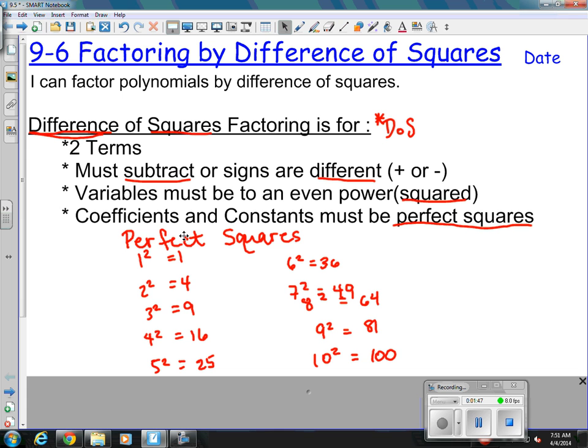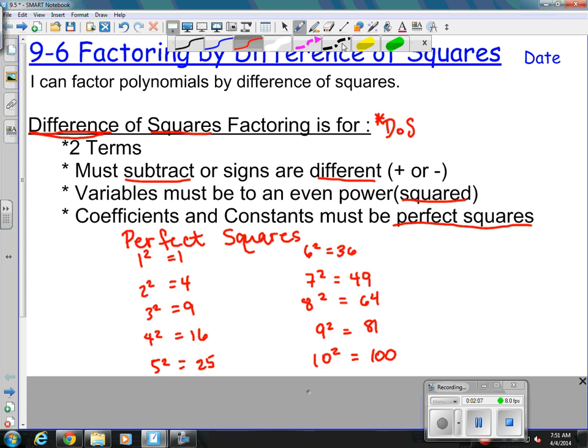So 1 squared is 1, 2 squared is 4, 3 squared is 9, 4 squared is 16, 5 squared is 25. 6 squared is 36, 7 squared is 49, 8 squared is 64, 9 squared is 81, 10 squared is 100. This is a good list to make out, that way you can know that all of these on the right side of the equal sign are your perfect squares. Then the left side tells you what numbers makes them.